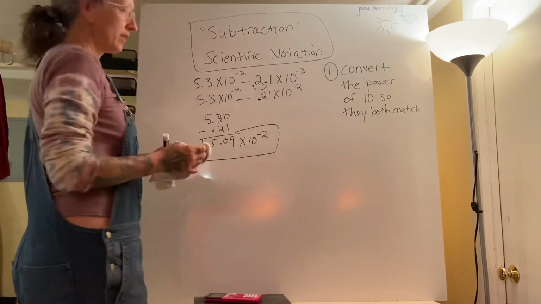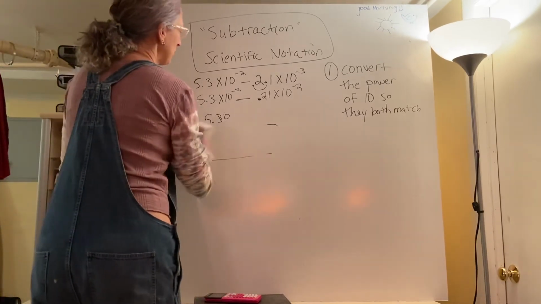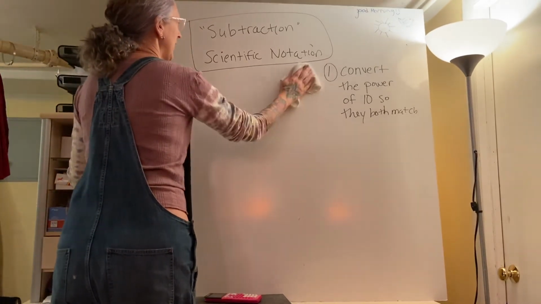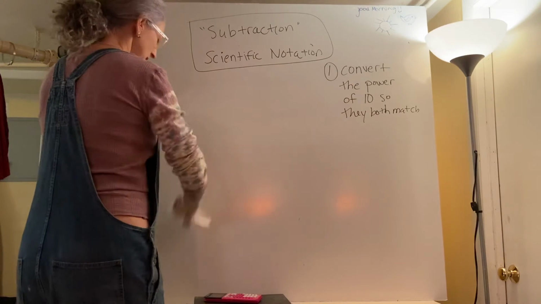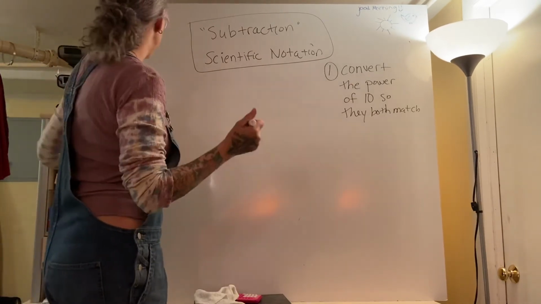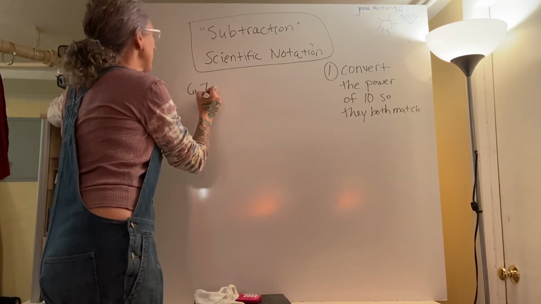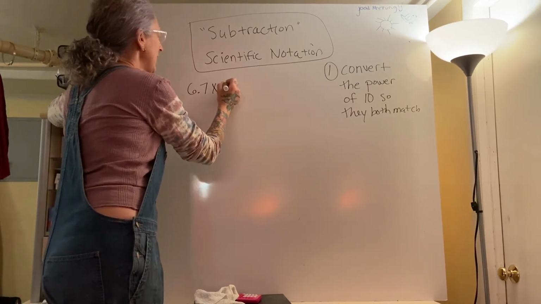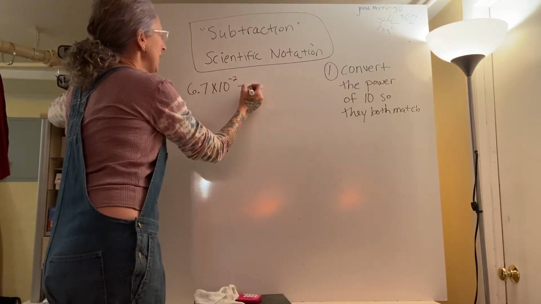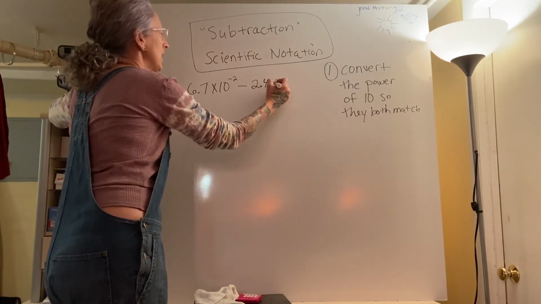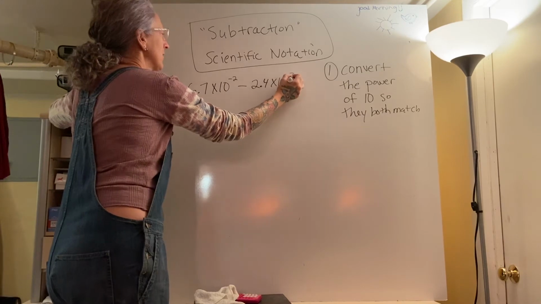Let's do another one because I know that was probably weird. So we're just going to keep it -2 and -3 for now because that seemed to be a common one in the examples that I saw. So let's say 6.7 times 10 to the -2 minus 2.4 times 10 to the -3, okay?